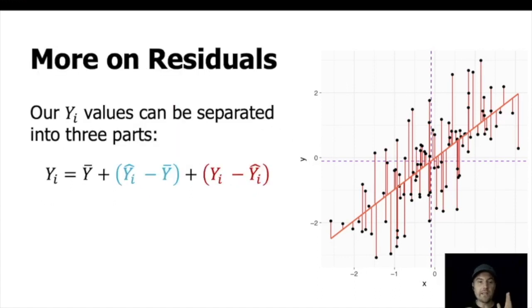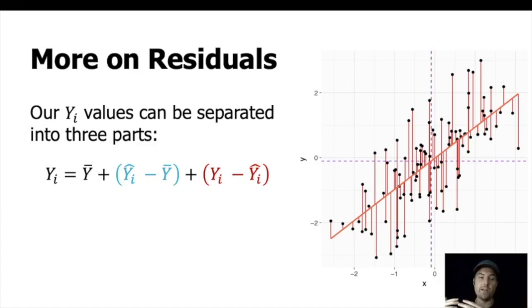And when we think about the residuals, one thing we can think about is that there's three pieces of information in every observation that we see. So when someone comes in and we see what their Y score is and their X score, we can break out their outcome, their Y score, into three pieces. One is just the mean, the grand mean. That's just saying, on average, this is what people are like.